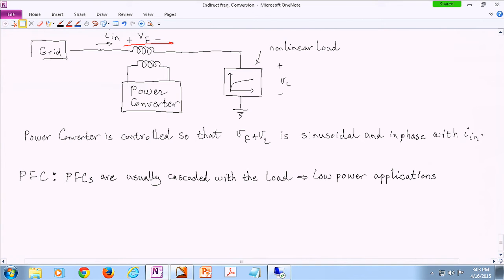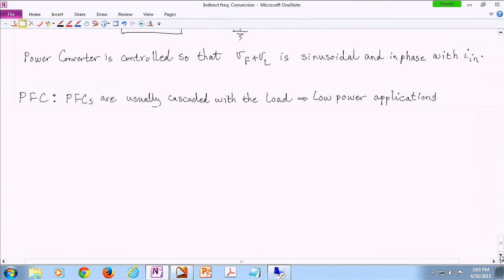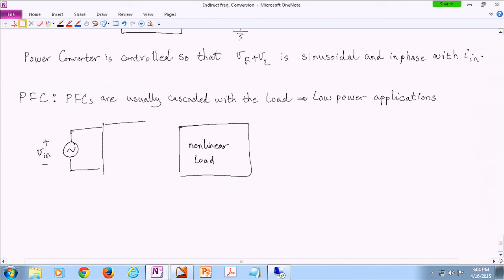Okay, let me give you guys an example. So we have this nonlinear load, and then you have this source, which is AC, and you place the PFC in between.